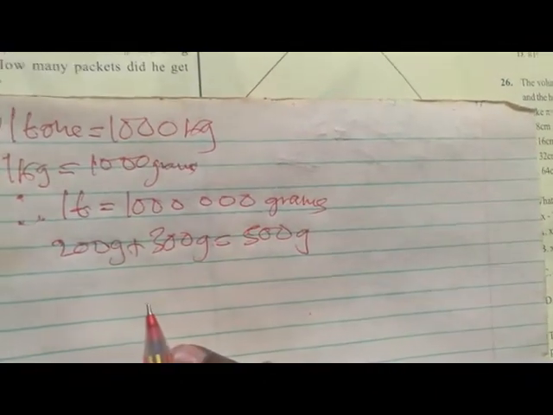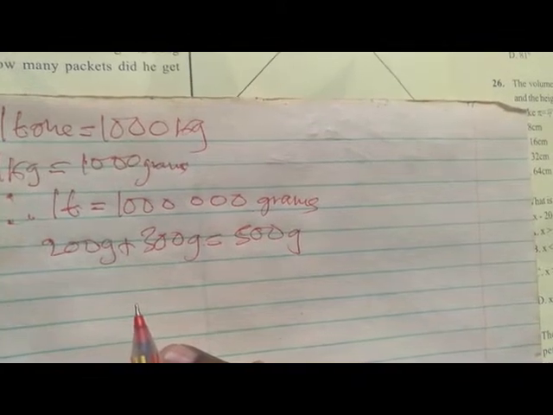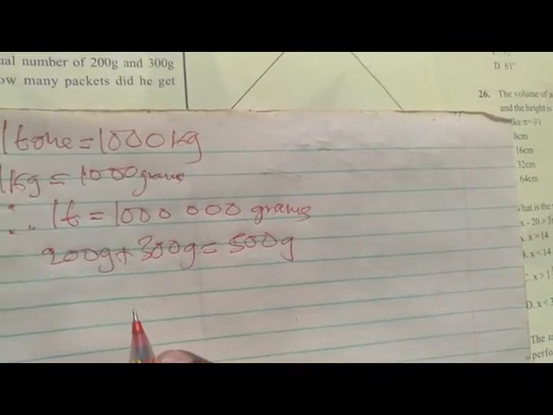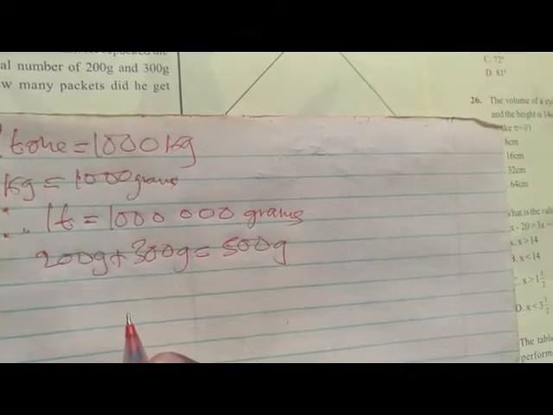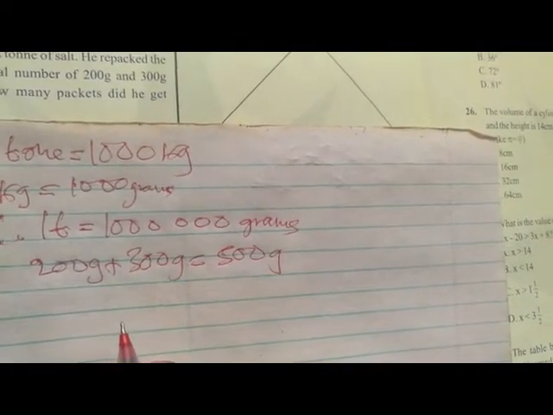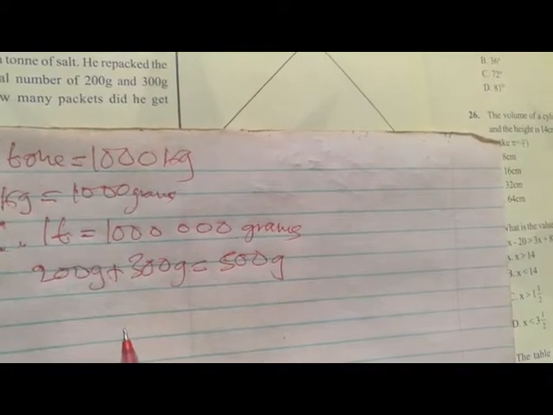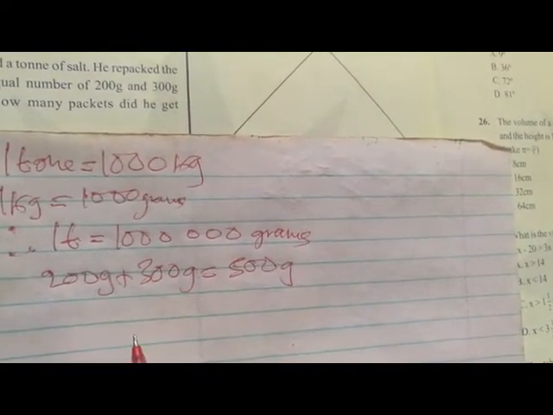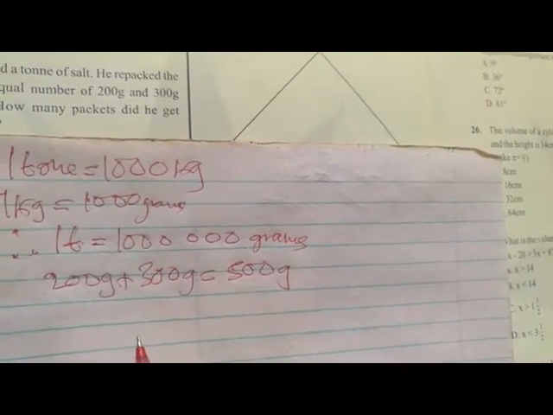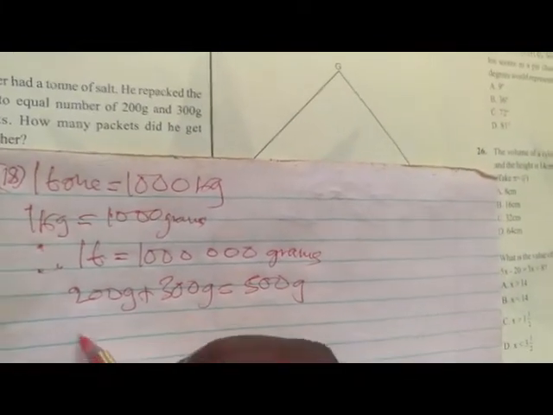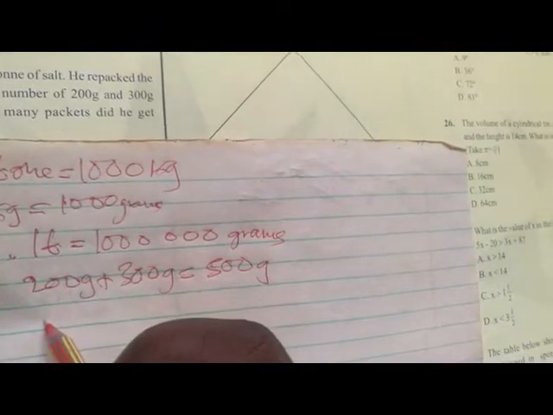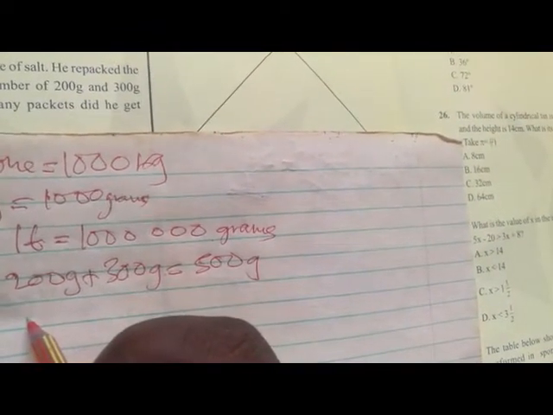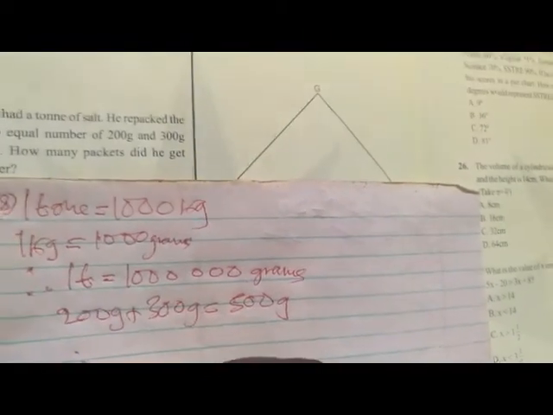So we are good now to get the number of packets. To get the number of packets, you divide 1 ton, which is equivalent to 1 million grams, by the number of grams given.